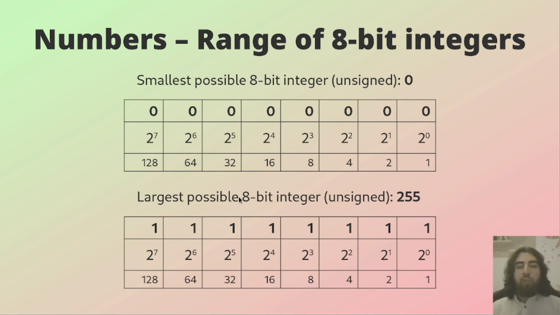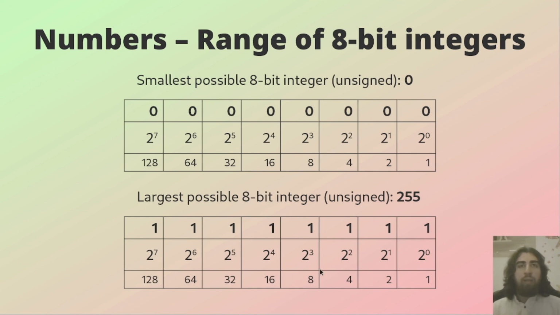Now the largest possible unsigned 8-bit integer would be 255. And that's the case when every single position over here holds a 1, right? And again, we are then just multiplying the 1 by the exponentiations over here and adding it together.